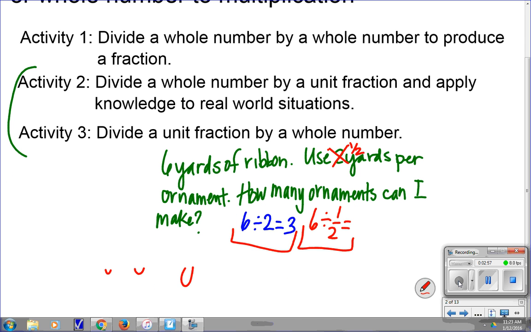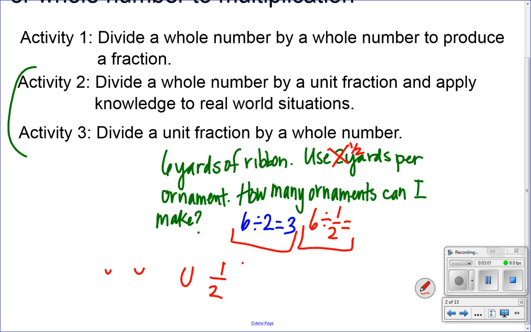So what I'm hoping that you're starting to see is that you see half, half, that equals 1. And you're going to do that until you have 6 yards. So how many halves fit in there? It would be 12. Okay, now why is our answer so big?